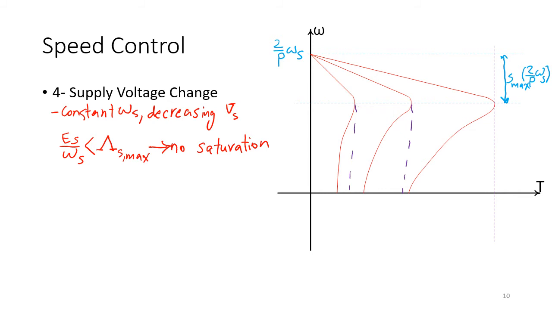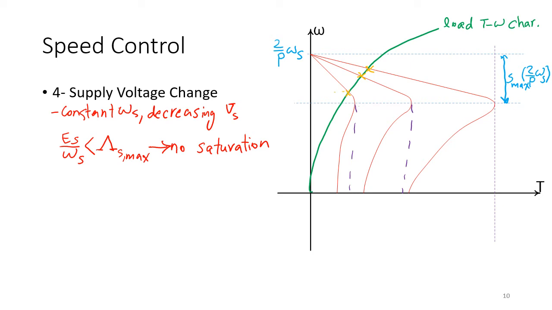If we have the torque speed characteristic like this, load torque speed characteristic, then we can achieve some speed control.